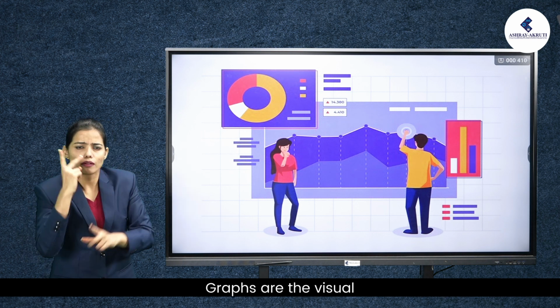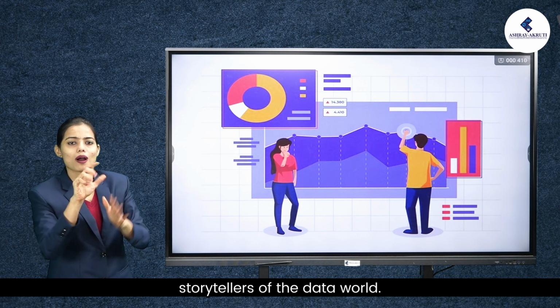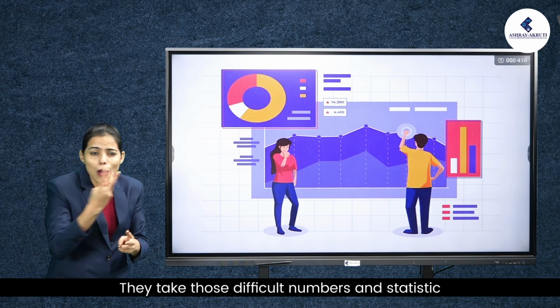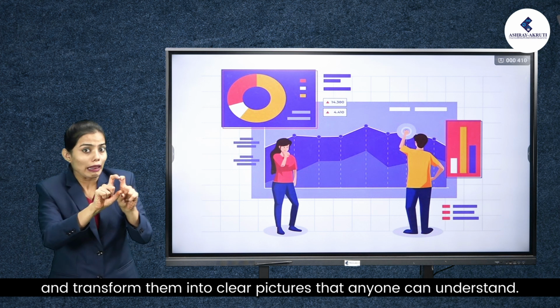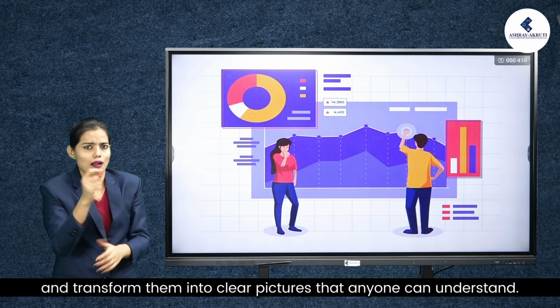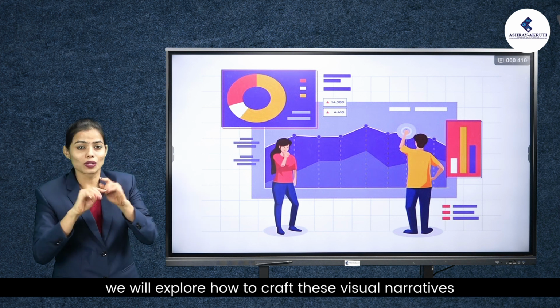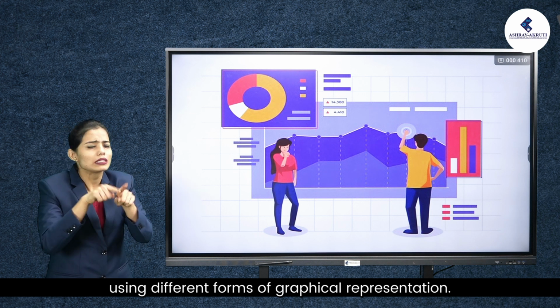Graphs are the visual storytellers of the data world. They take those difficult numbers and statistics and transform them into clear pictures that anyone can understand. Today, we will explore how to craft these visual narratives using different forms of graphical representation.